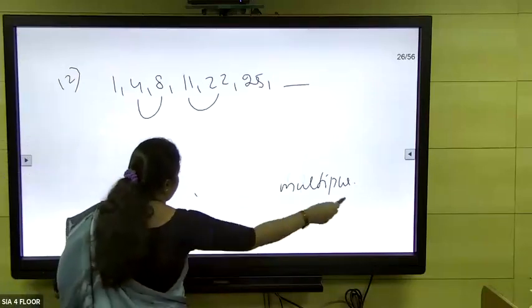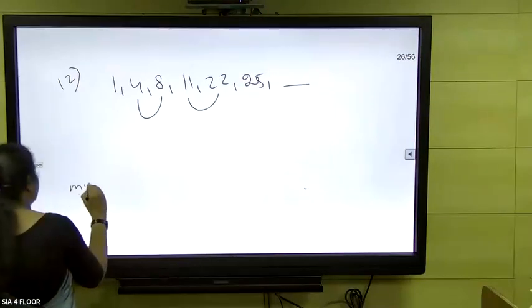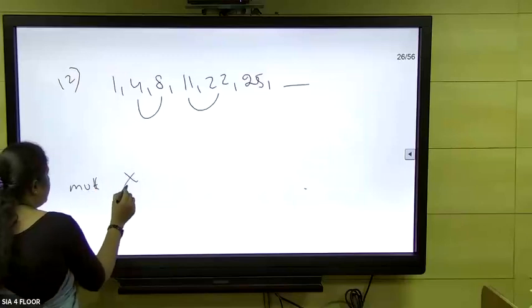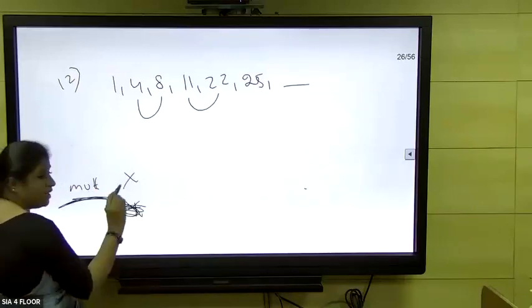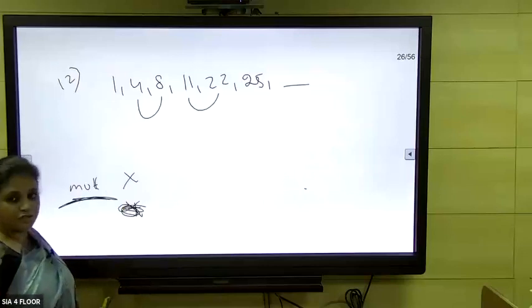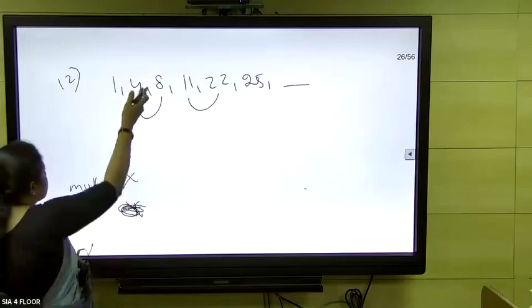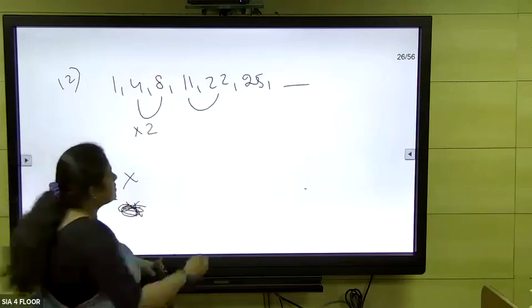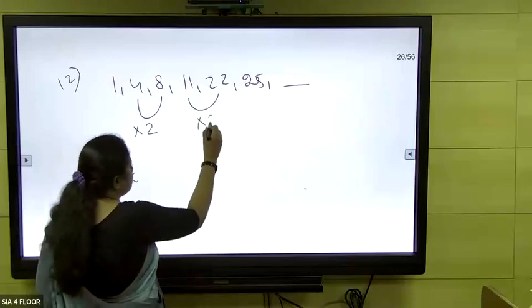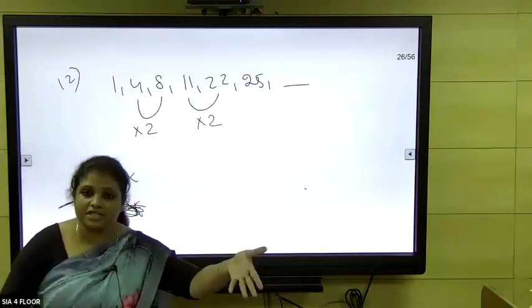Once you are pairing up like this, when it is multiples, multiplication only should come, right? Some people do addition for this. Don't do addition at all. What is the meaning of multiple? You have to use multiplication only. You cannot use any other operator. So this is a multiple of this, how many times? Into 2. And this is a multiple of this, how many times? Into 2. So I'm extracting the multiples like that.